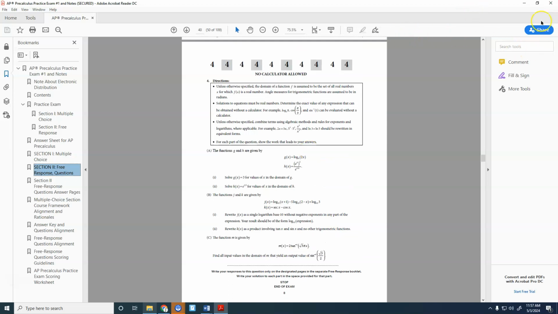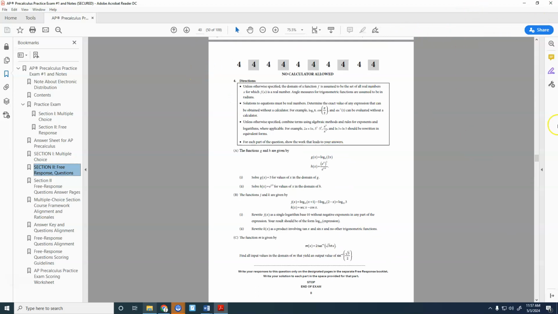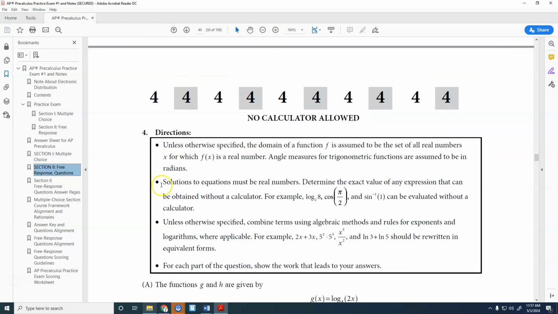Yeah, on your number 4, it will have a box right here that says about your domains here. Solutions to equations must be real numbers. Determine the exact value of an expression that can be obtained without a calculator. For example, log base 2 of 8 can be evaluated. Cosine of pi over 2. You have to figure those things out.